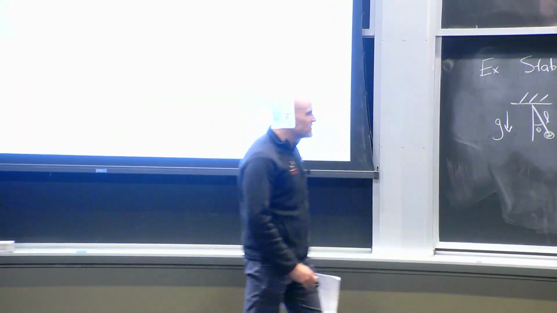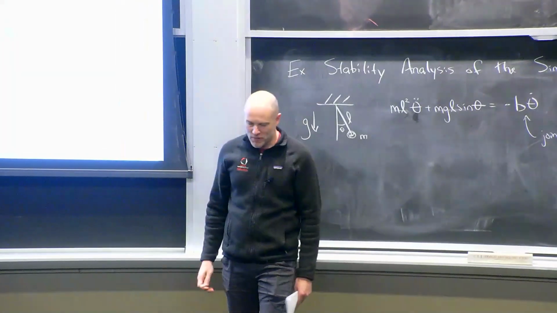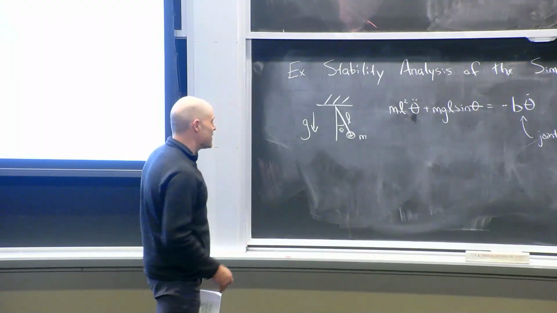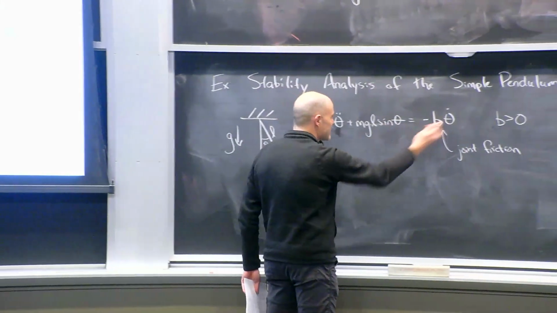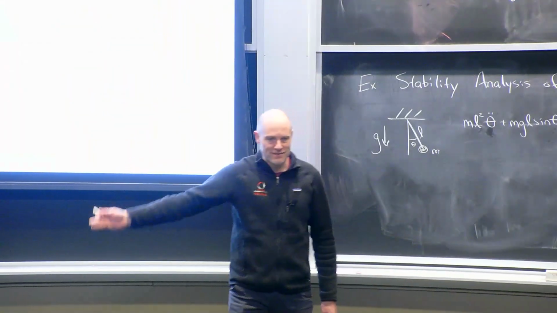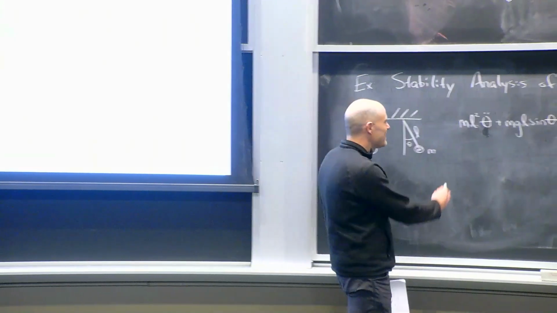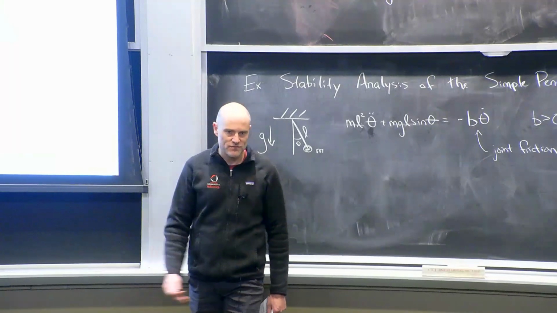Now, this is one of the simplest nonlinear dynamical systems we'll encounter, but the standard recipe for analyzing systems would be if I give you a differential equation and I give you theta at time 0 and theta dot at time 0, then I could ask you, what is theta at time 10? Right? And even though this system is about the easiest that we can get, we actually don't have closed form integrals for that system.